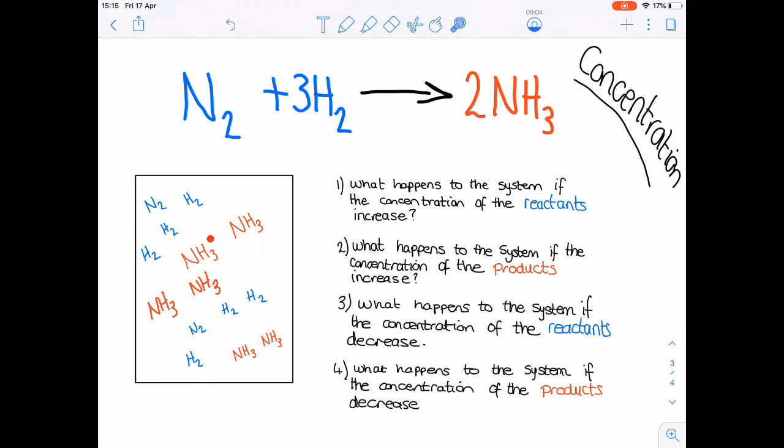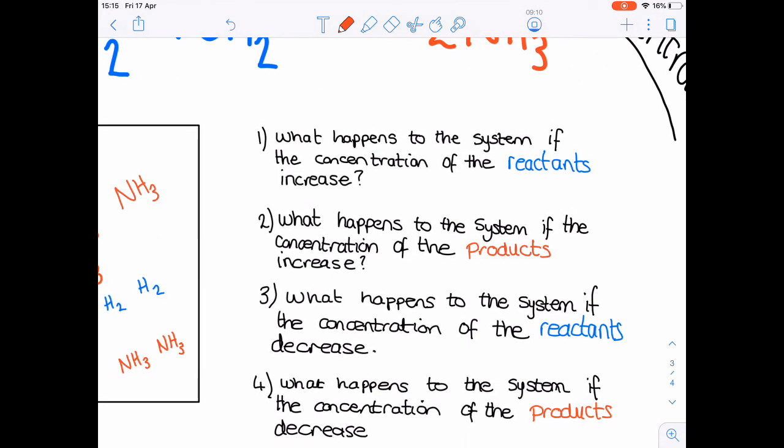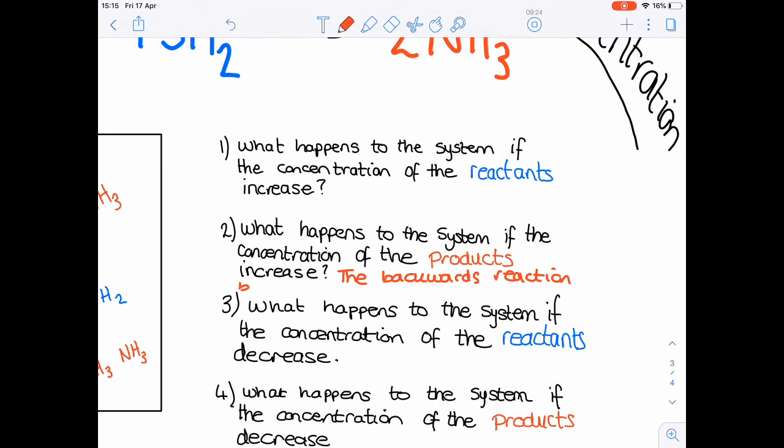So here you would say, I've not got much space to do it, but I would say the backwards reaction is favoured because there are more particles colliding on this side.